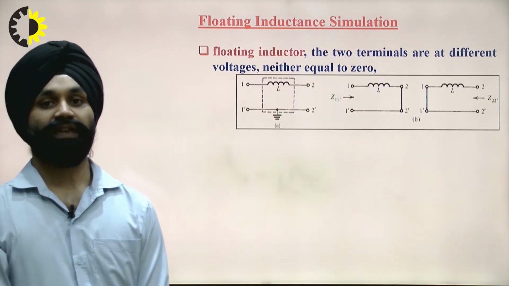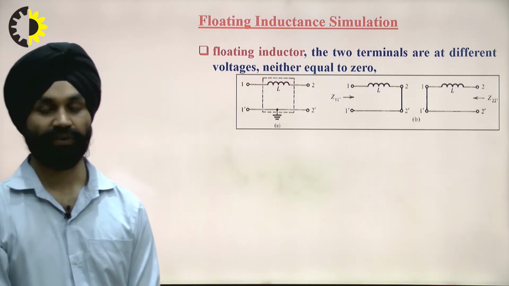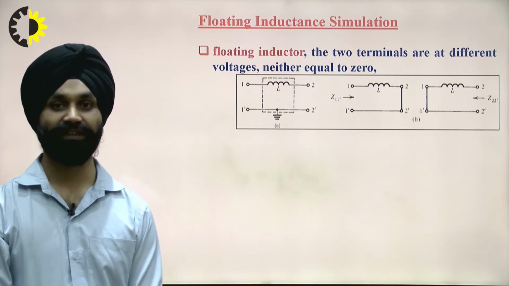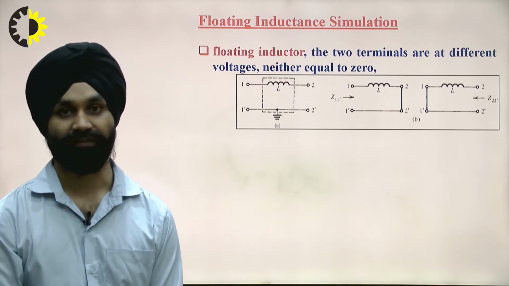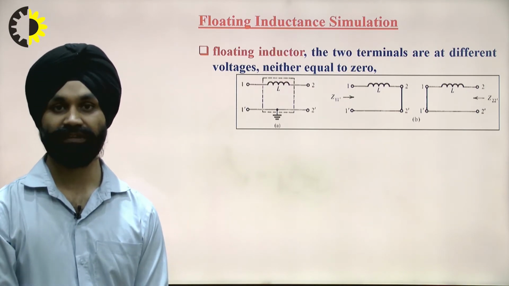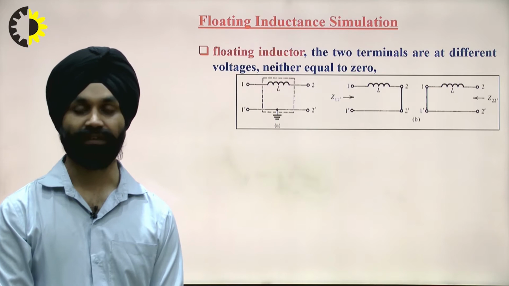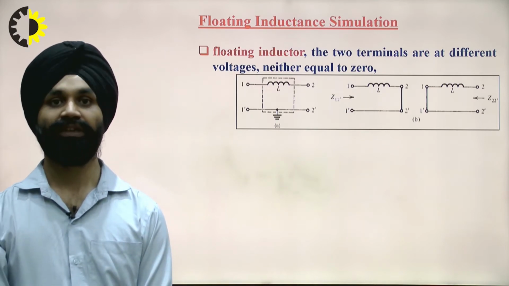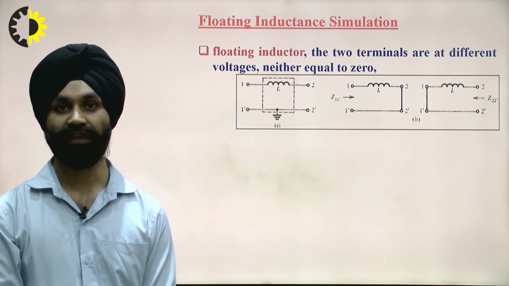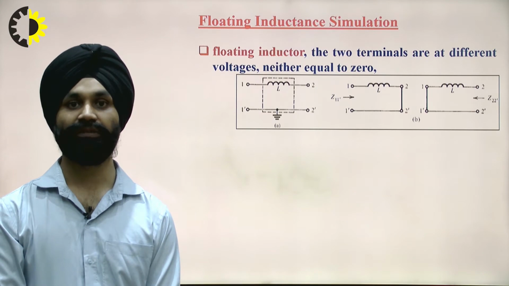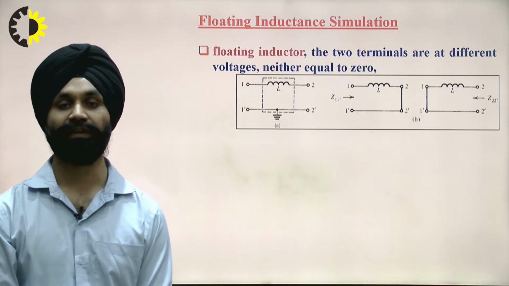Till now we have discussed a grounded inductor. We have designed the GIC, the impedance converter circuit, as a grounded inductor. But in most cases, for example in filter circuits and the ladder circuits that we will discuss shortly, the inductors are connected between two ports, meaning no terminal of the inductor is grounded.